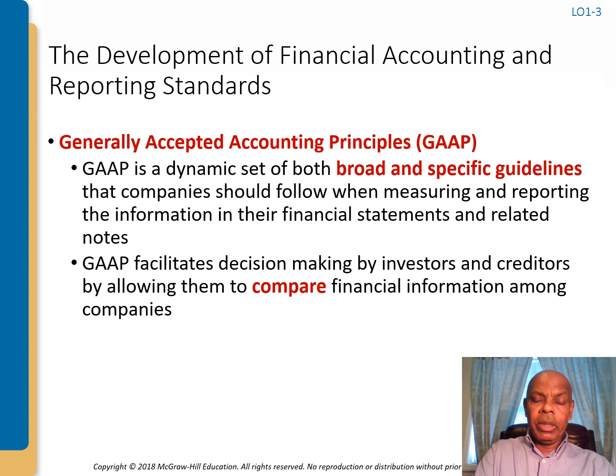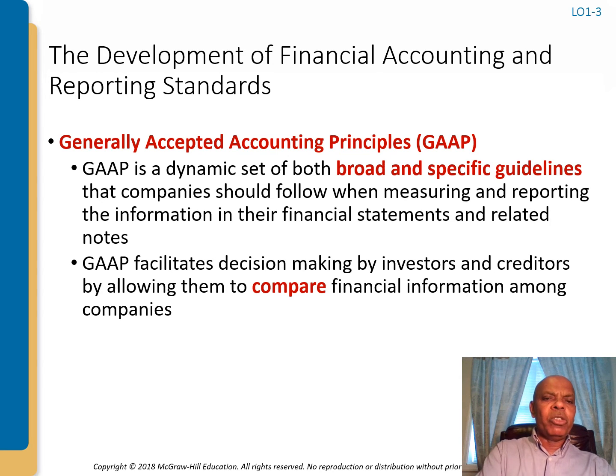The reason being, you cannot really compare apples to oranges, right? You have to have an apples-to-apples comparison basis, because if company A uses a different method, company B uses a different one, C uses something else, how are you going to compare profitability or whatnot? So that's why they came up with this set of principles and guidelines.